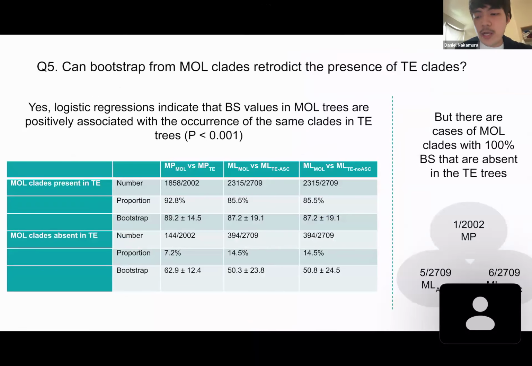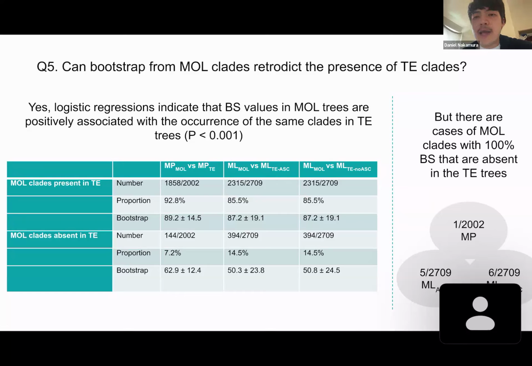So the last question was, can bootstrap from molecular clades retrodict the presence of total evidence clades? That is, can we use the bootstrap values from molecular trees to predict the presence of the same clades in total evidence trees? And yes, logistic regressions indicated that the bootstrap values in molecular trees are positively associated with the presence of the same clades in the total evidence trees.